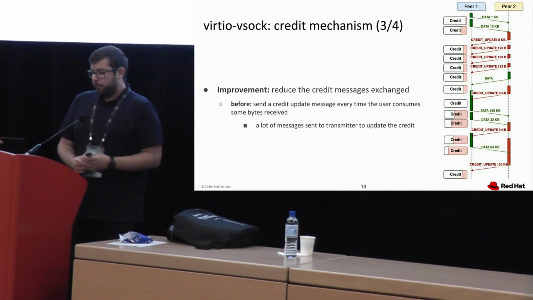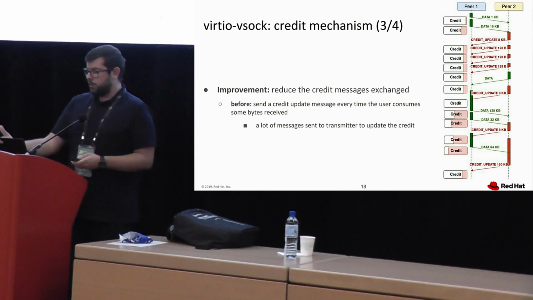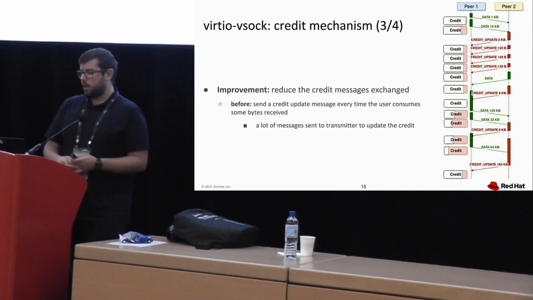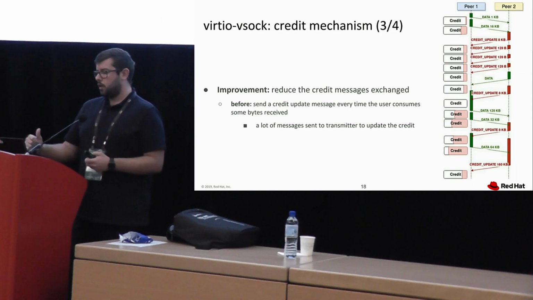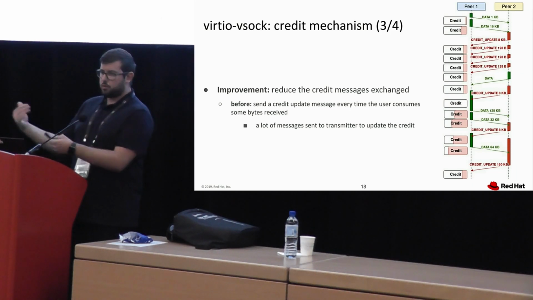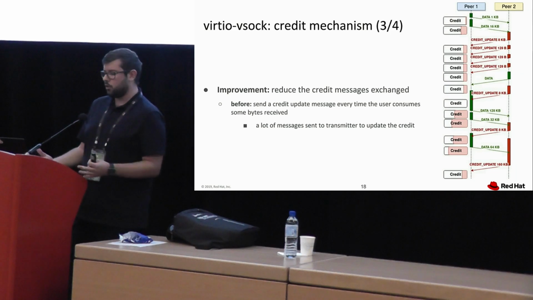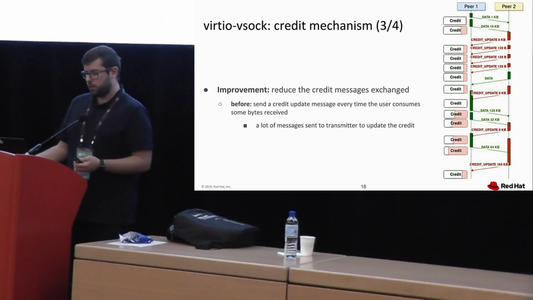So in the previous implementation, the receiver, in this case peer 2, sent credit update messages to the transmitter every time the user consumed any bytes from the receiving queue. So a lot of messages were exchanged.